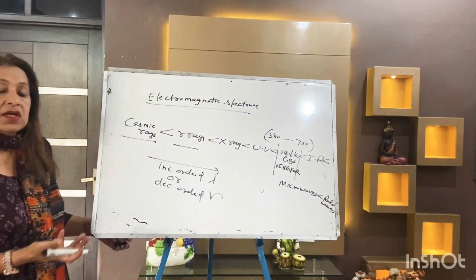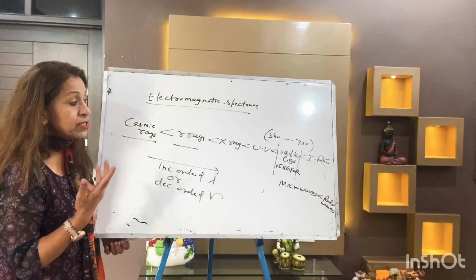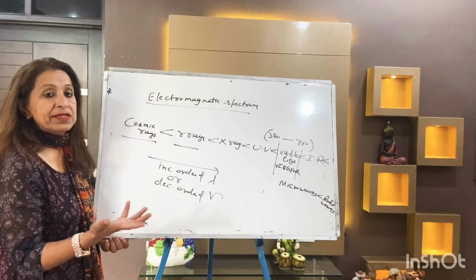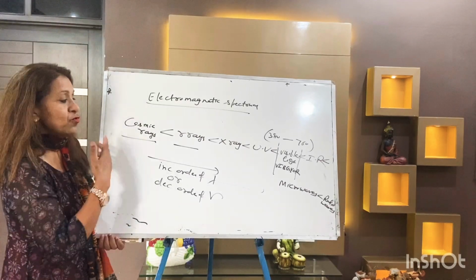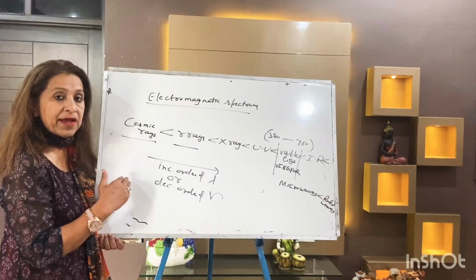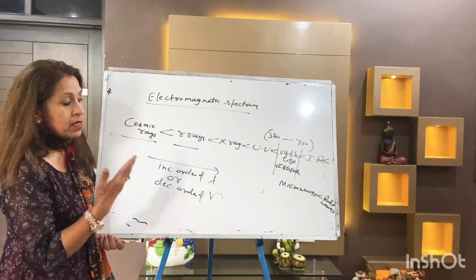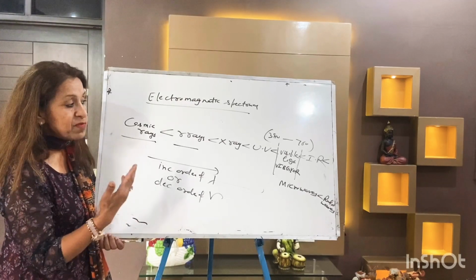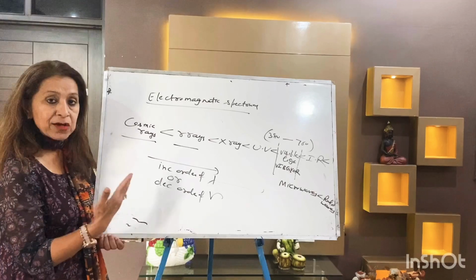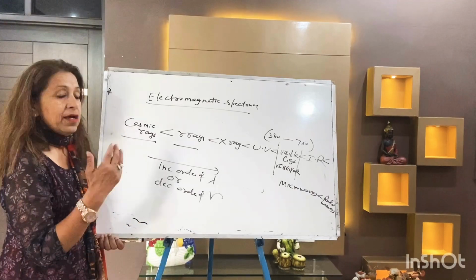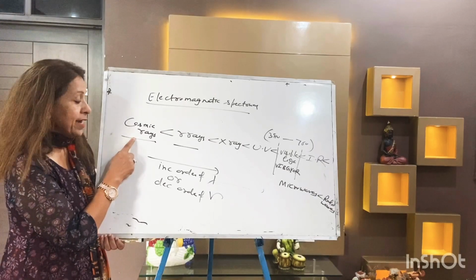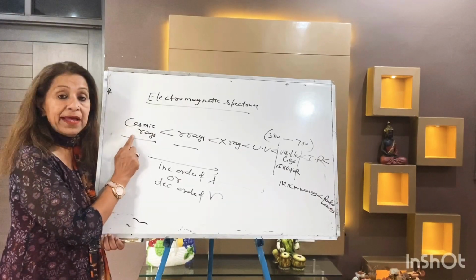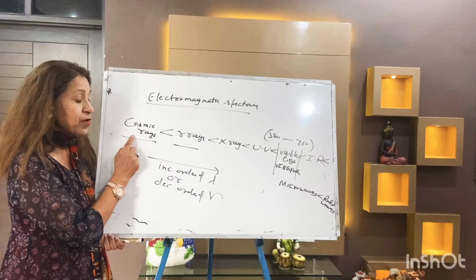This is the arrangement of electromagnetic radiations, and this arrangement is called the electromagnetic spectrum. So just remember the arrangement: cosmic rays, gamma rays, X-rays, UV, visible light, infrared, microwaves and radio waves. Cosmic rays are made up of neutrons, with very less wavelength but very high frequency.